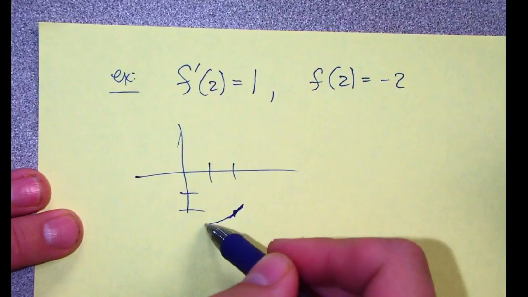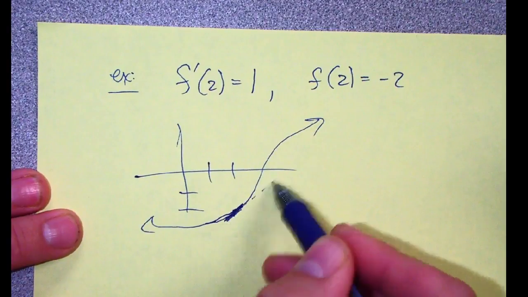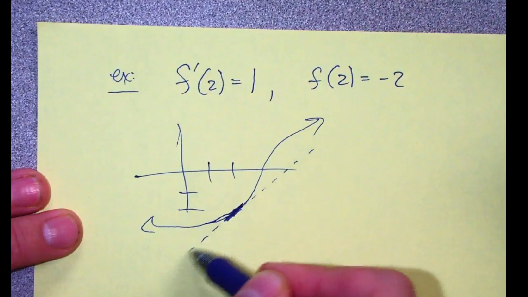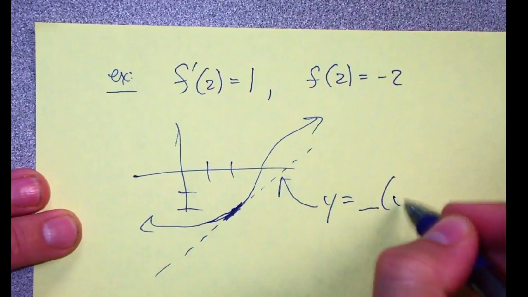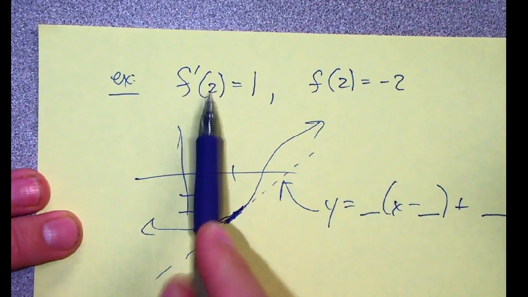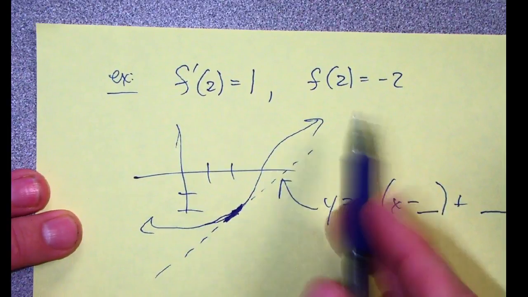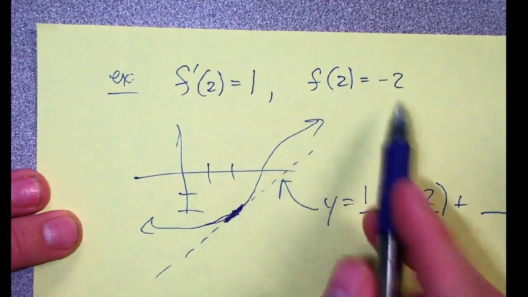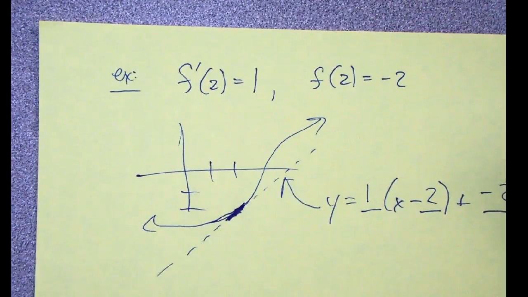I don't even know what the curve is, but maybe it goes something like this. And then I've got this little surfboard here. And I want to find the equation of that surfboard. So if I set up my general form, what they're telling me is that x equals 2, the slope is 1. So the slope of this little surfboard is 1. The x value is 2, and the y value is negative 2. And that would be your equation.